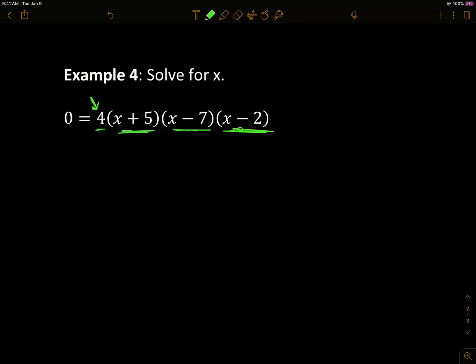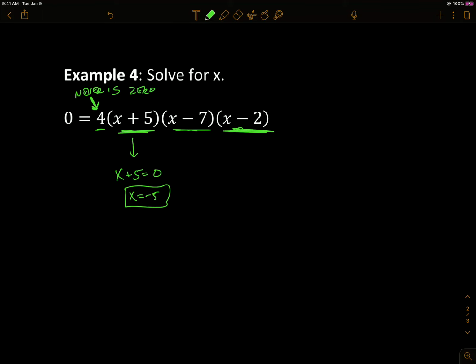I'm going to say there's 4 factors here for now. This first factor of 4 can never be 0, so it doesn't produce a solution here. This one's only going to have 3 possible solutions. This could produce 0. So I ask, what x would I choose to make that whole thing equal to 0? I can see that it's -5, or I can just set up this little mini equation and solve for x.